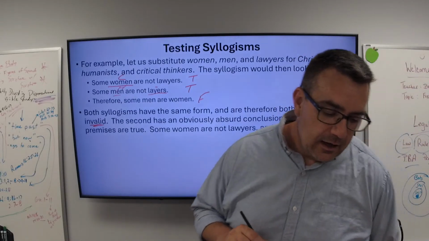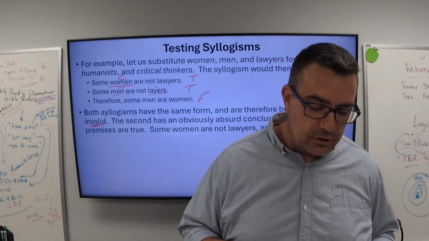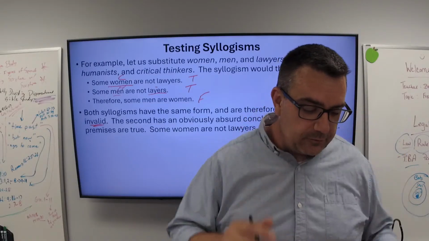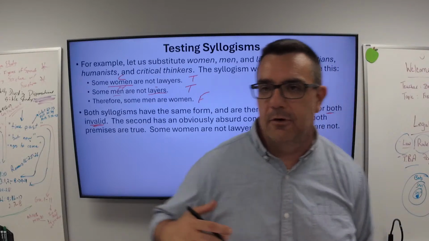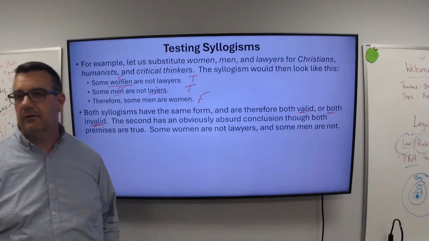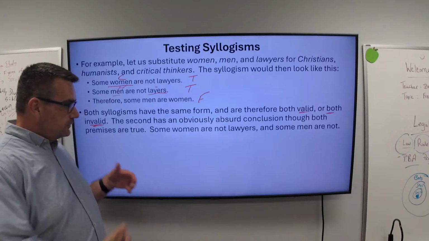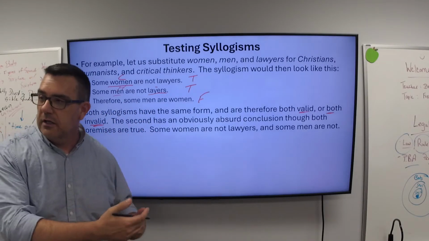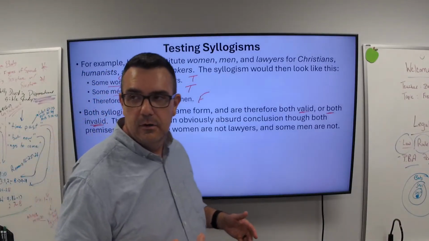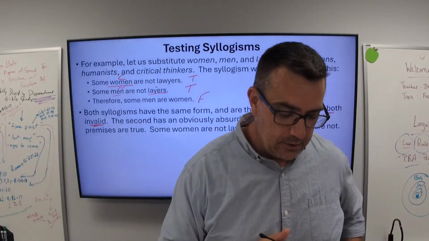The second has an obviously absurd conclusion, though both premises are true. Some women are not lawyers and some men are not, but the conclusion is counter to fact. And so by switching out the terms, it helps us to see that this form of argument is invalid.